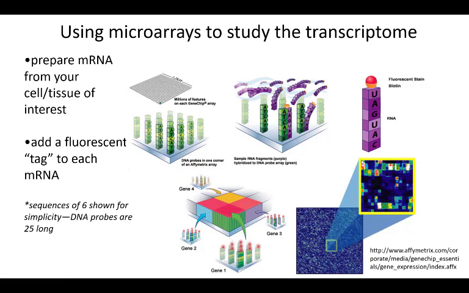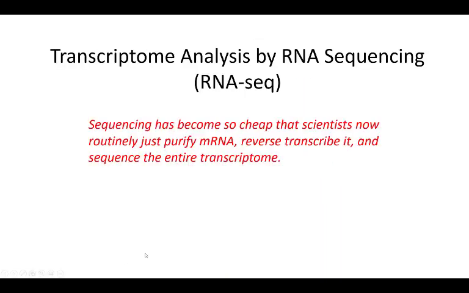Therefore, certain genes that have very high levels of messenger RNA in your sample will have a bright fluorescent signal, whereas other genes that are not being transcribed at high levels in your particular sample will appear dark. This is actually what the array looks like. It's microscopic, and it is read by software that detects the fluorescent signal.